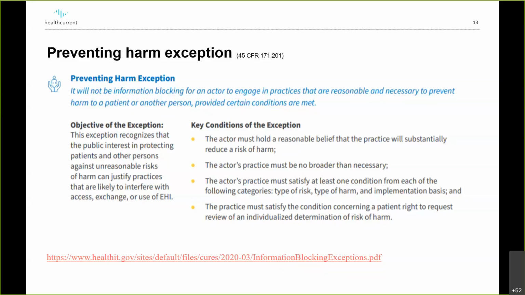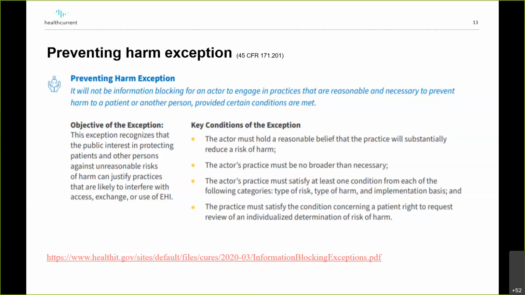You could have maybe an independent professional come in and do the analysis. That is not the case with the information blocking rule. This professional who, for instance, decides to hold back the information in the medical record about domestic violence has to be a professional who's either treated that patient in the past or has a current relationship with the patient. So it's important to keep in mind if you want to qualify for this safe harbor.